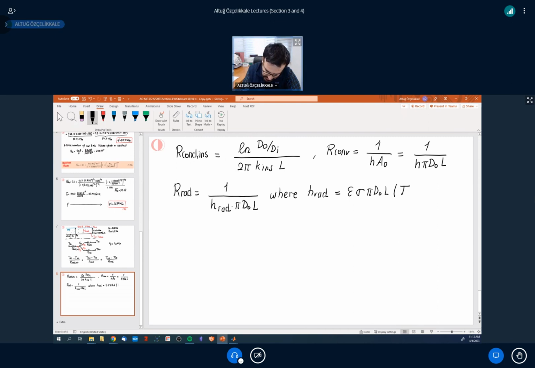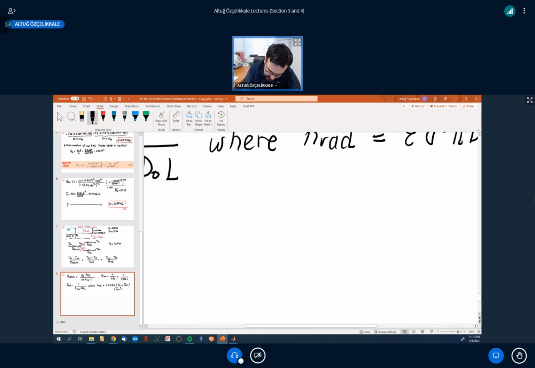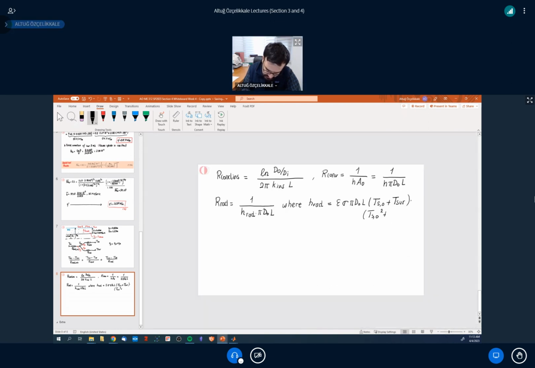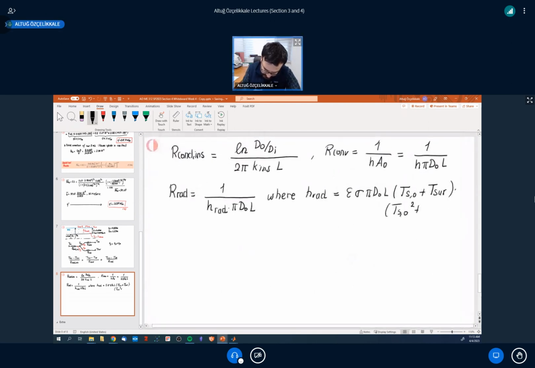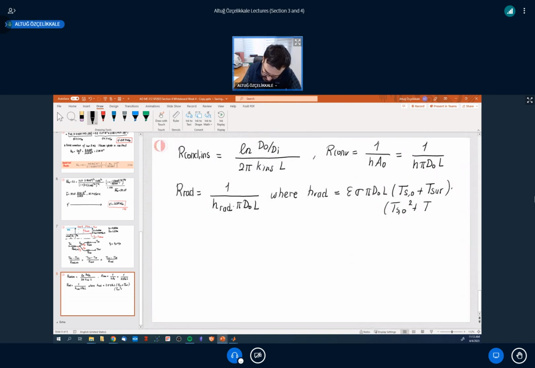So epsilon sigma, TSO plus T sur multiplied by TSO square plus T surrounding square. In essence, that's a strong function of TSO with the square term right over there.